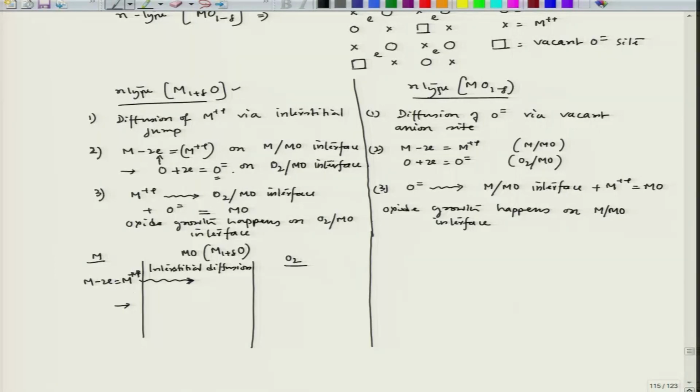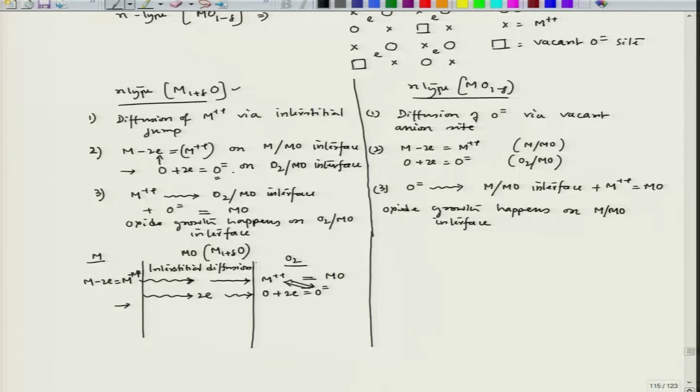And of course, these electrons will also move to the other end, where they combine with oxygen and form O2-, and since the metal ion goes to this side, these two will combine and form metal oxide.